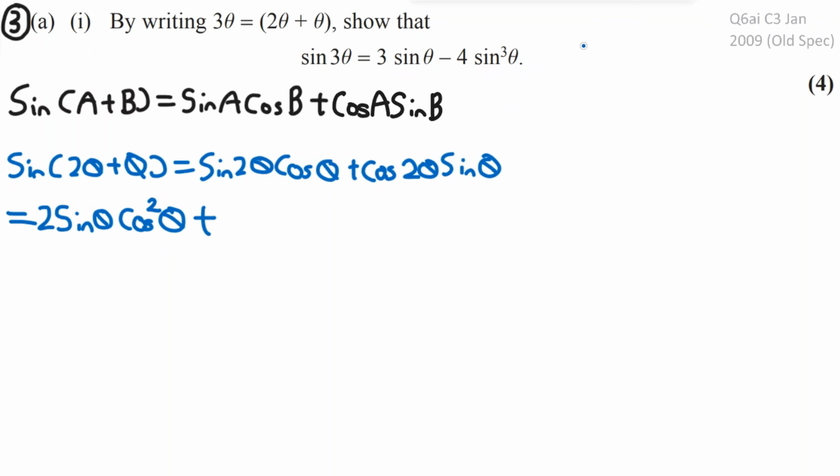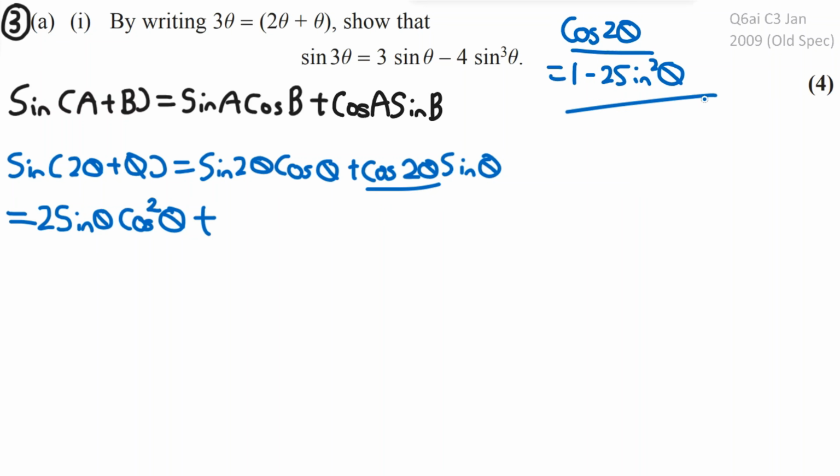So this is a good indication that we want to use that cos 2 theta is equal to 1 minus 2 sin squared theta, as there are no cosines present in the final answer, there's only sines. So I'm going to sub cos 2 theta as this, so I'm going to write the sin theta first, and then this is times cos theta, so sin theta multiplied by 1 minus 2 sin squared theta.